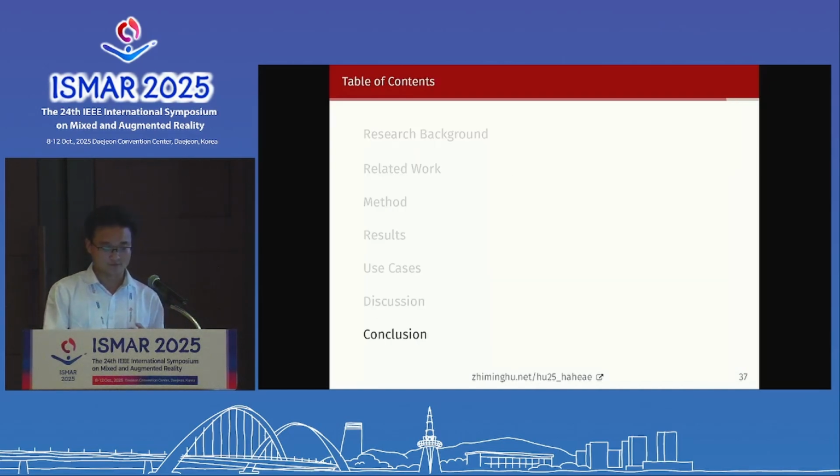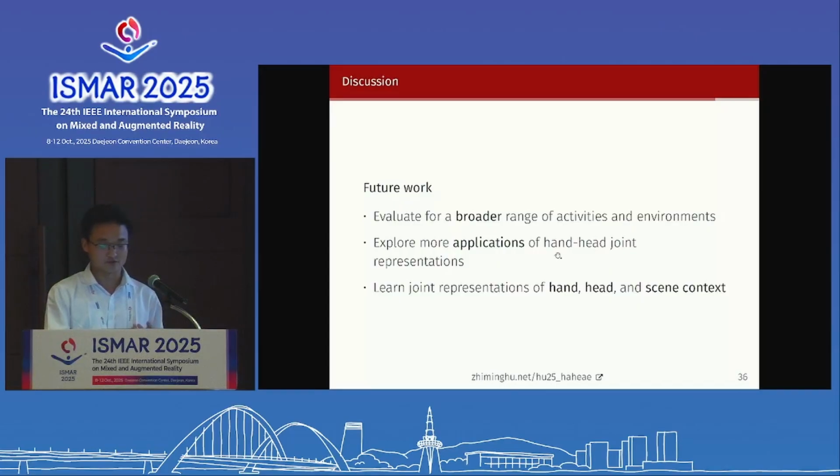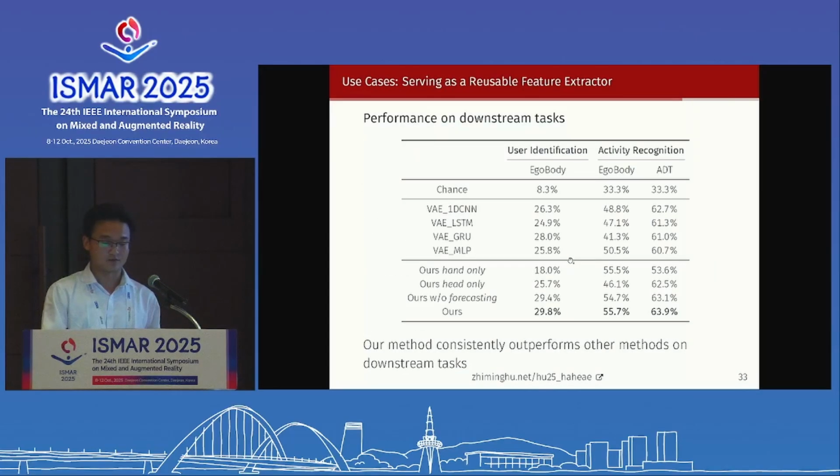In the future we would like to explore more applications. Currently we tested on user identification and activity recognition as downstream tasks, so we are not testing on AR or XR interaction applications.